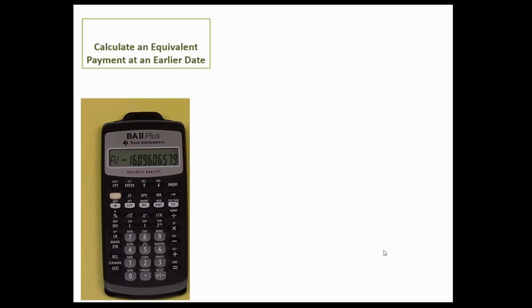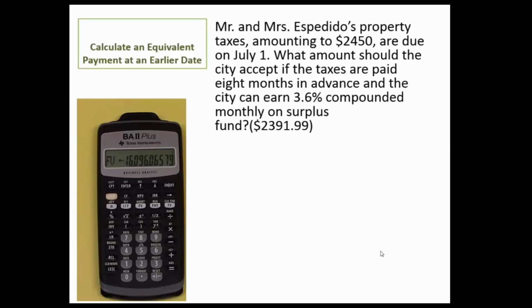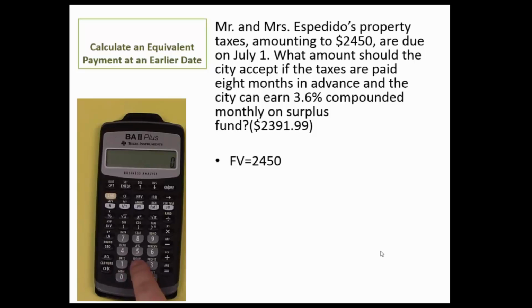The next example shows how to calculate equivalent payment at an earlier date. Mr. and Mrs. Espedito's property taxes, amounting to $2,450, are due on July 1st. What amount should the city accept if the taxes are paid 8 months in advance and the city can earn 3.6% compounded monthly on surplus funds? Enter $2,450 for future value, 8 months for N, and 3.6 for the interest rate.